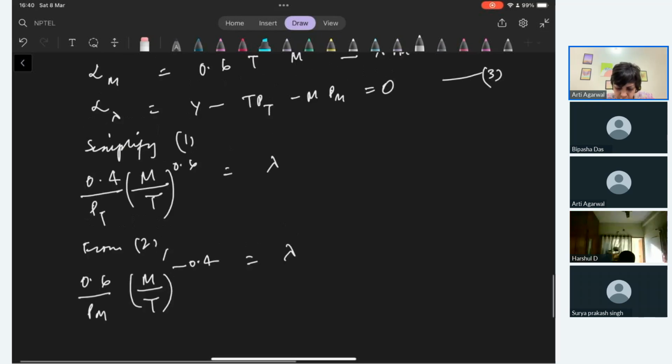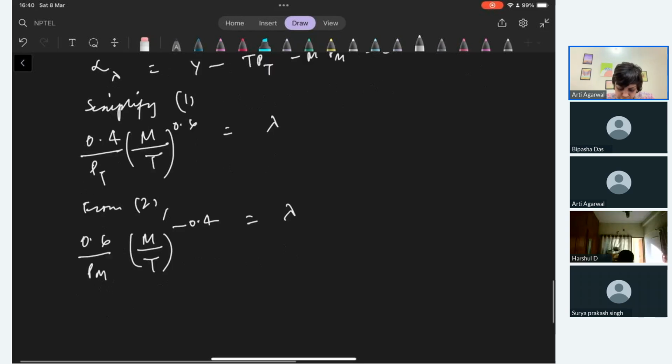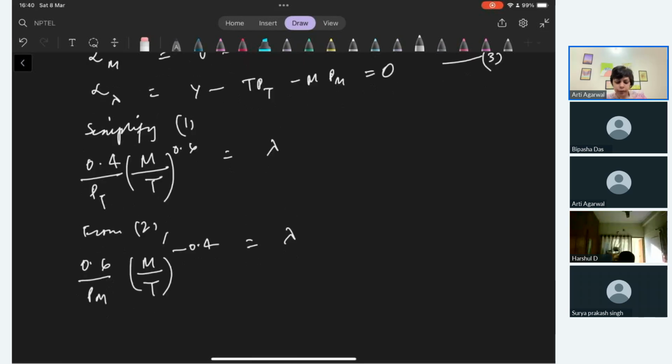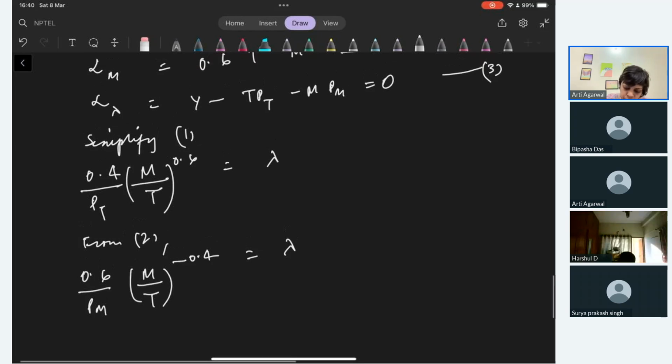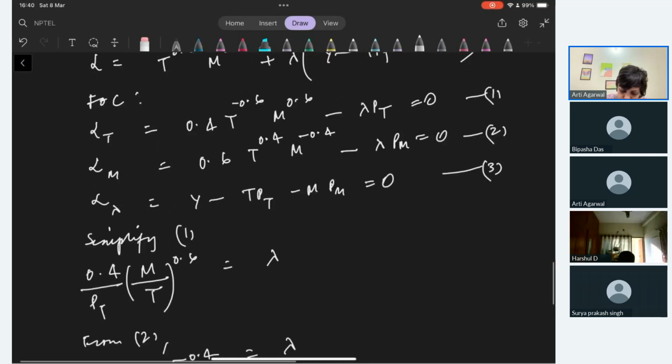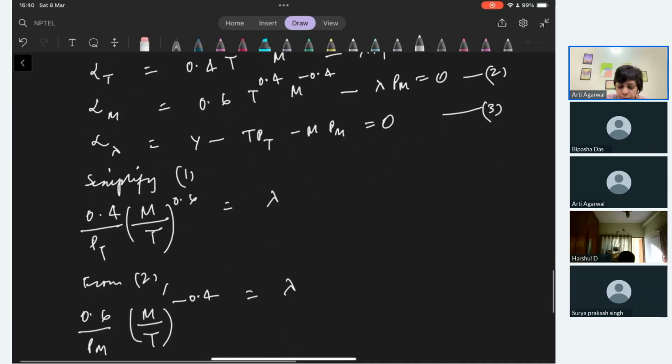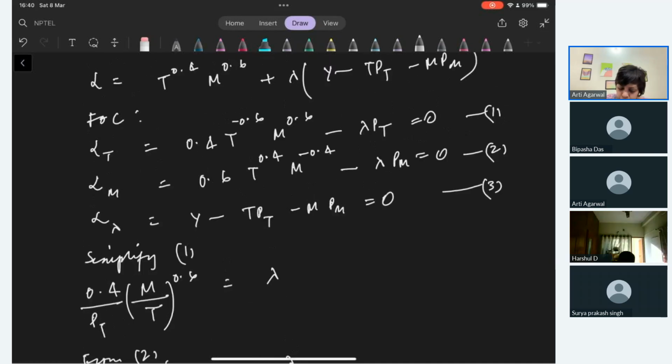So we can divide equation 3 by pt by pm, we will not see pt. Okay, hang on. This is a little more complicated using the Lagrange method actually, because the powers are not half, it's 0.4 and 0.6.